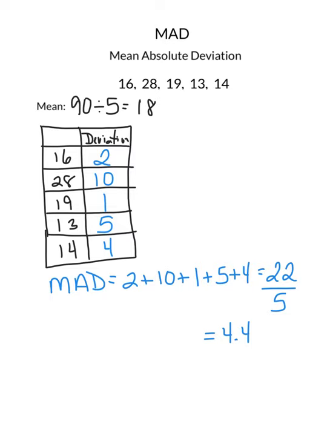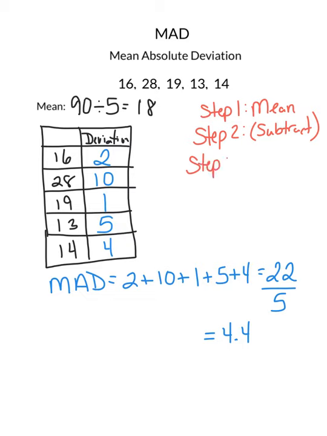Step 2, we did the deviations, which means we subtracted. And then step 3, we found the mean of the deviations.